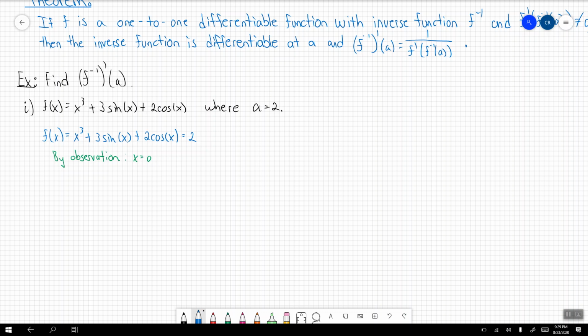Well, cosine at 0 we actually get something real nice. We get 1, which means 2 times 1 is 2, which means we got our answer. So we get f of 0 is equal to 2. Not too bad.